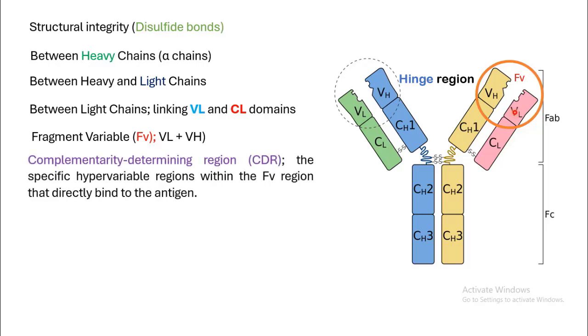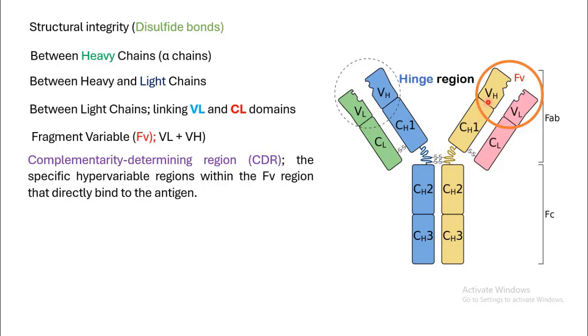Now, we are using another term when we discuss the structure of the antibodies, and that is known as the complementarity determining regions. Most of the time, students confuse the FV and the complementarity determining region, thinking they refer to one and the same thing. They are right to some extent, but there are differences between the two. The CDRs are the specific hypervariable regions within the FV region that directly bind to the antigen.